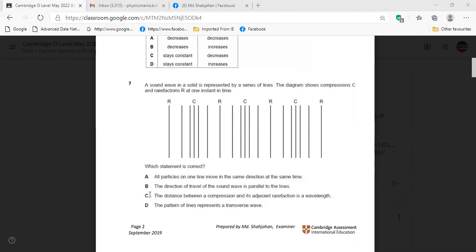Now, option B: the direction of travel of the sound wave is parallel to the lines.